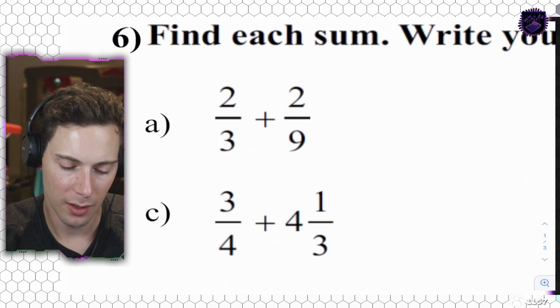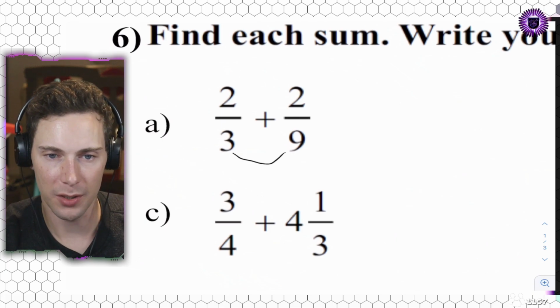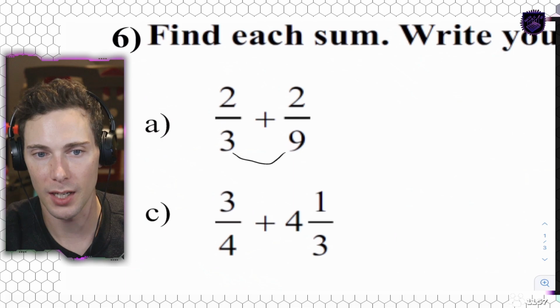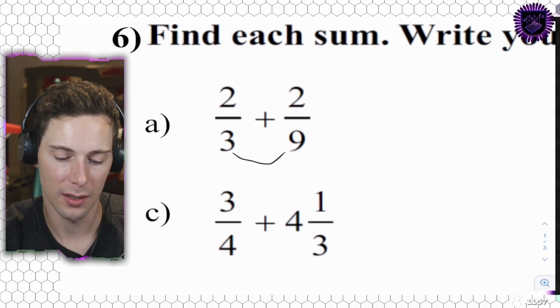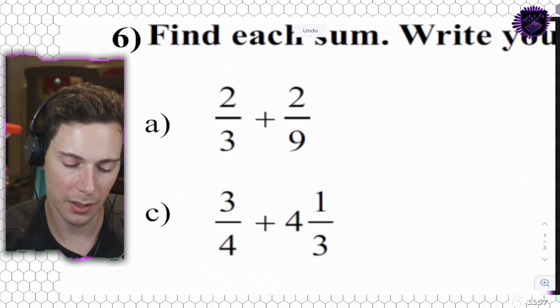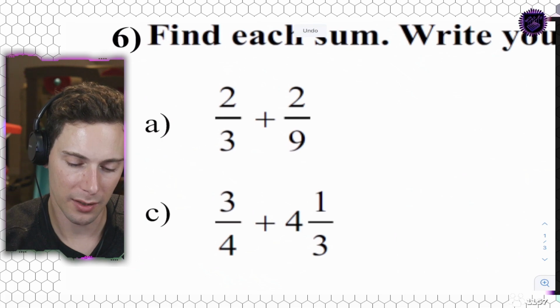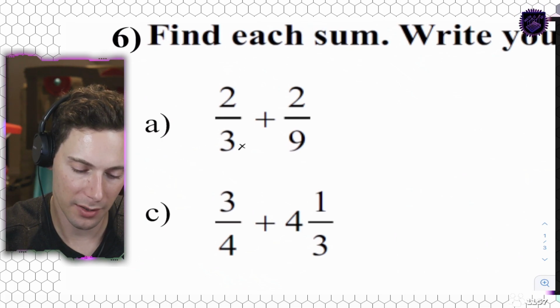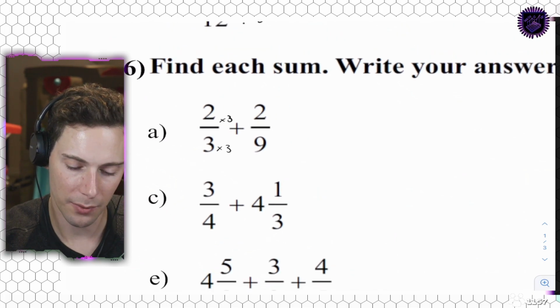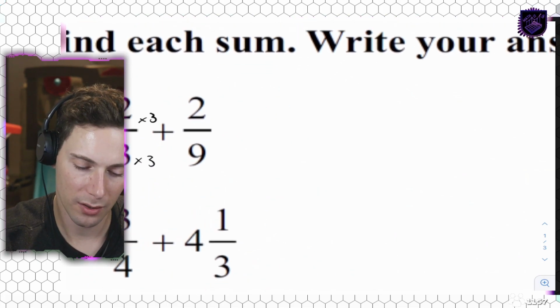Now with this one, the lowest common multiple between these two is going to be 9, even though it's 3 and 9, the lowest common multiple will be 9. So that really means we only have to work with one side, and we can simply multiply this whole side by 3 and write out our new fraction.